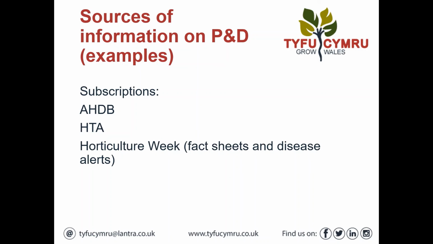There are also sources of information on pests and diseases that can be obtained from the Agriculture and Horticulture Development Board, from the Horticultural Trades Association, or from the trade magazine Horticulture Week, which has fact sheets and disease alerts. And of course there are a lot of other subscription sources as well, and you can search for these and see which suits your needs most appropriately.